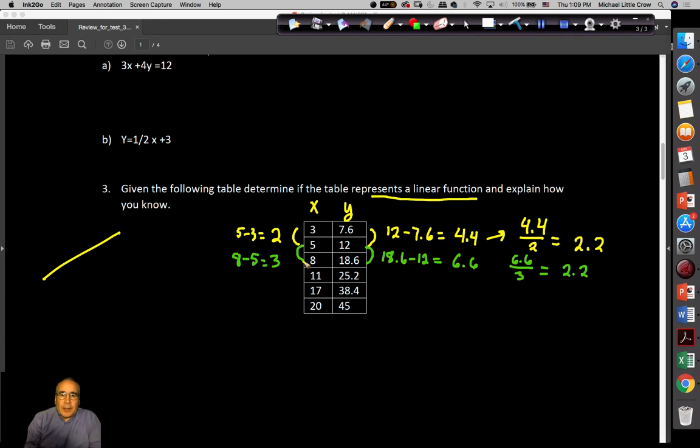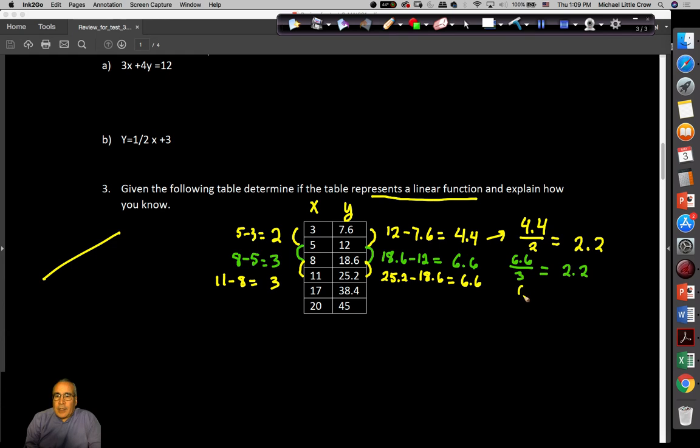Let's keep going. 8 to 11, and then 18.6 to 25.2. So this gives us 11 minus 8, which is 3, and 25.2 minus 18.6, that's also 6.6.